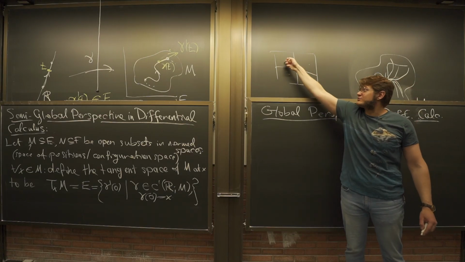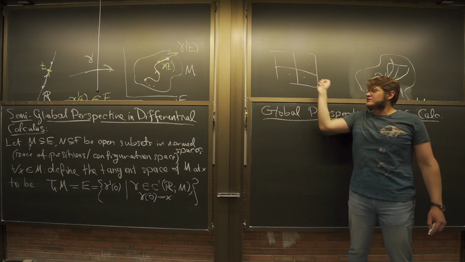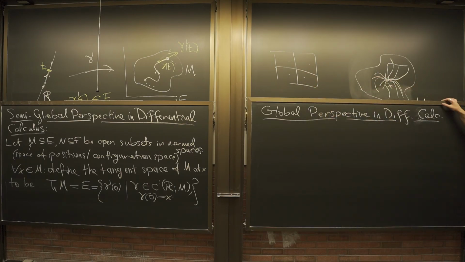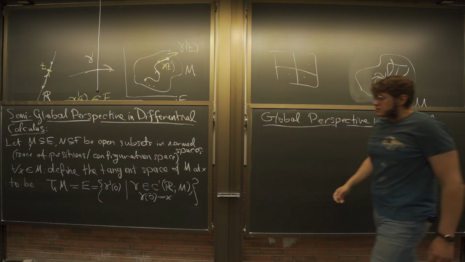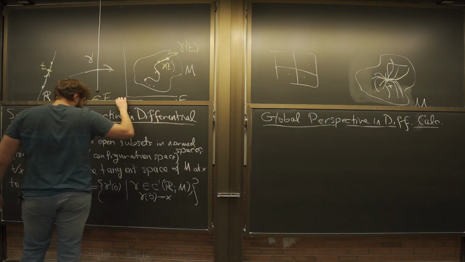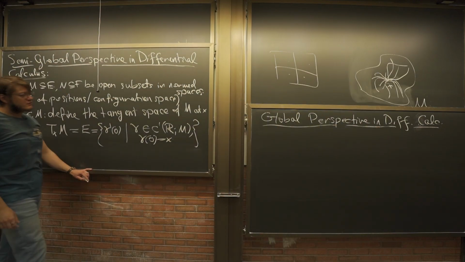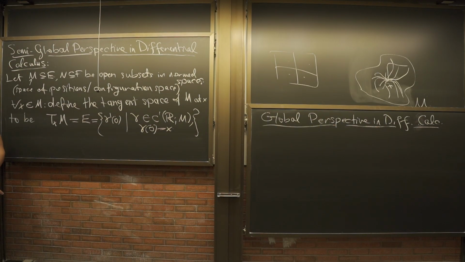And then we kept upgrading each one of these. That's what we're doing here too. Another way to think about this is that this is a more geometric way of thinking about the tangent space at a point. Another way to think about it is, well, it's the space of all directional derivatives at x.